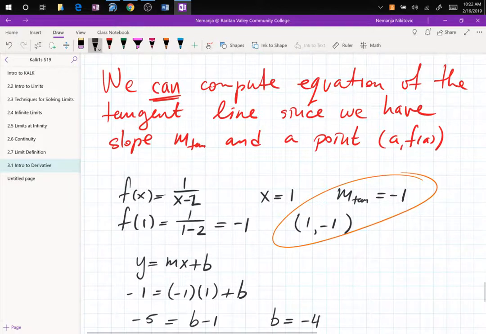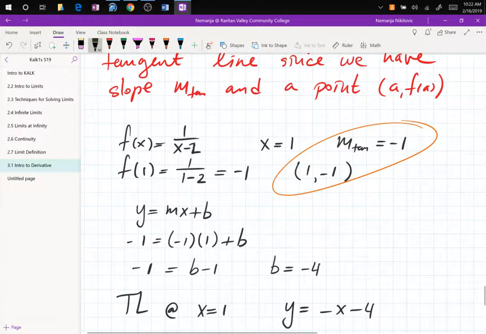So that's -1, and that's -1. So b is 0. So it's just y equals -x.